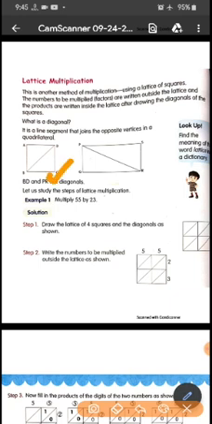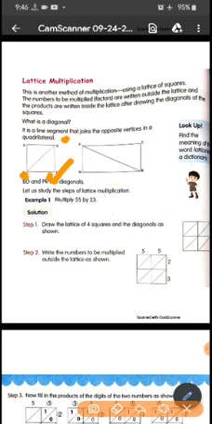What we have to do is join the diagonals. The opposite corners of the square are called diagonals. We have to join both opposite corners by a line. This is called a diagonal.